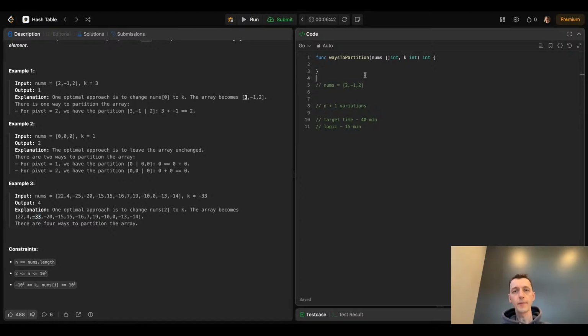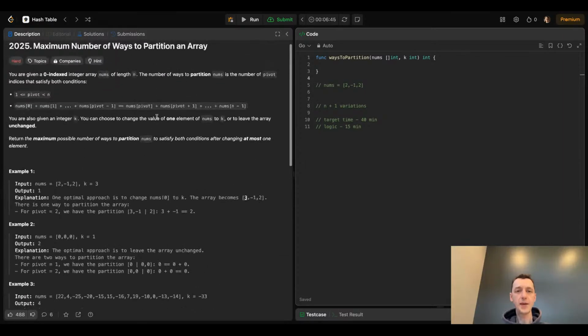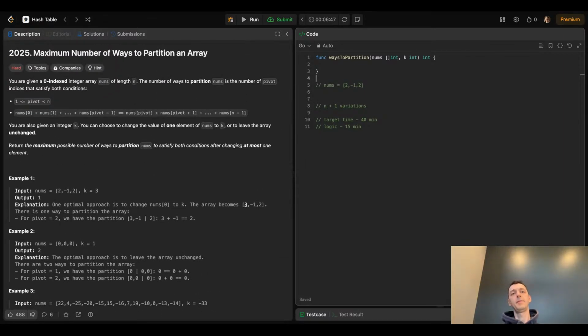If we didn't have this k, let's break this problem apart and simplify it a little.